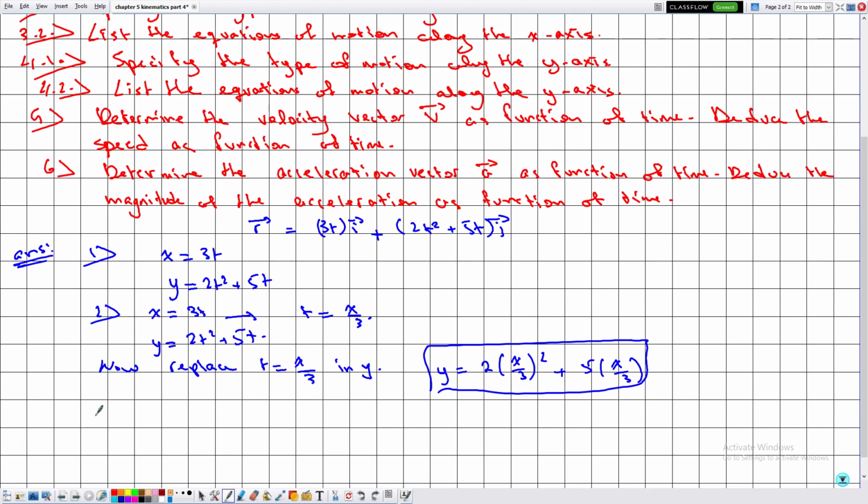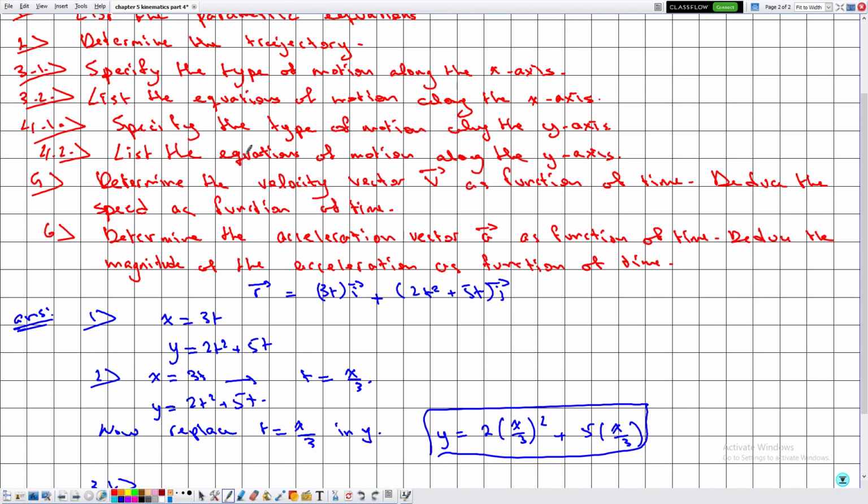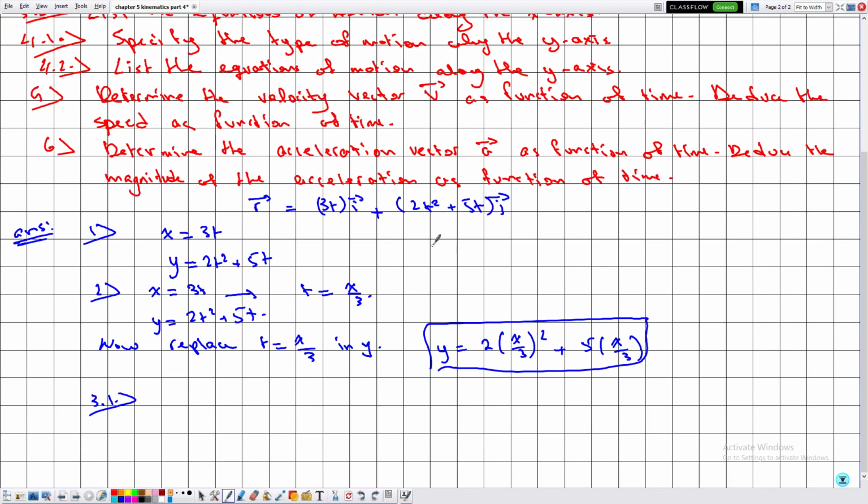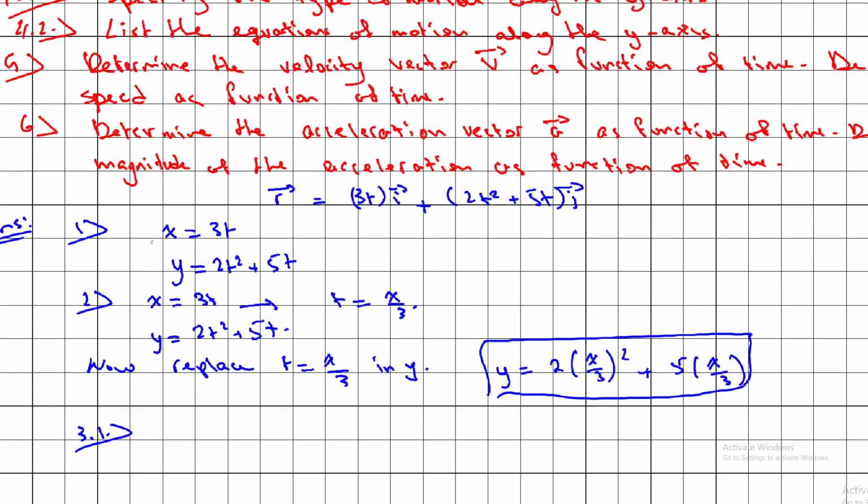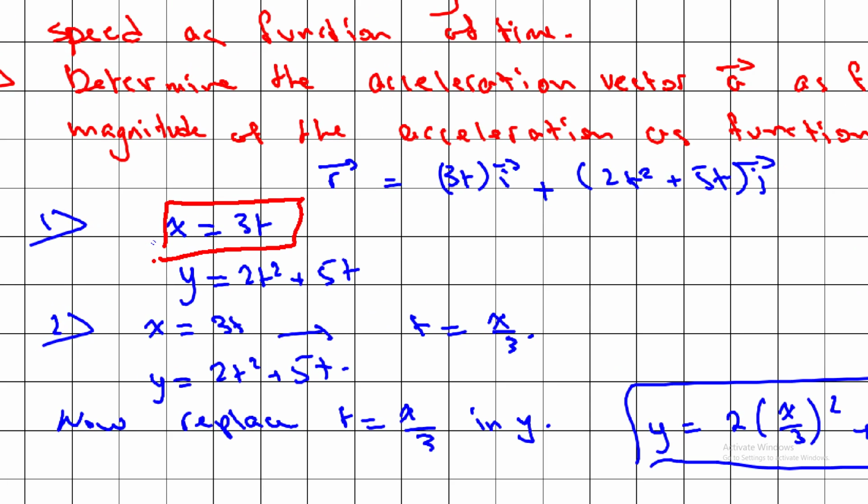Now in 3.1, they are telling me to specify the type of motion along the x-axis. In order to do so, we need to refer to the parametric equation of the x component, which is x equal to 3t.